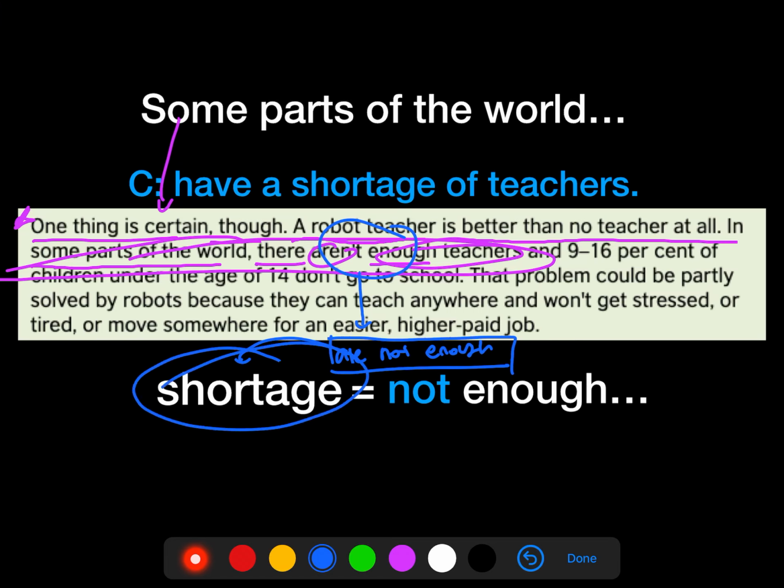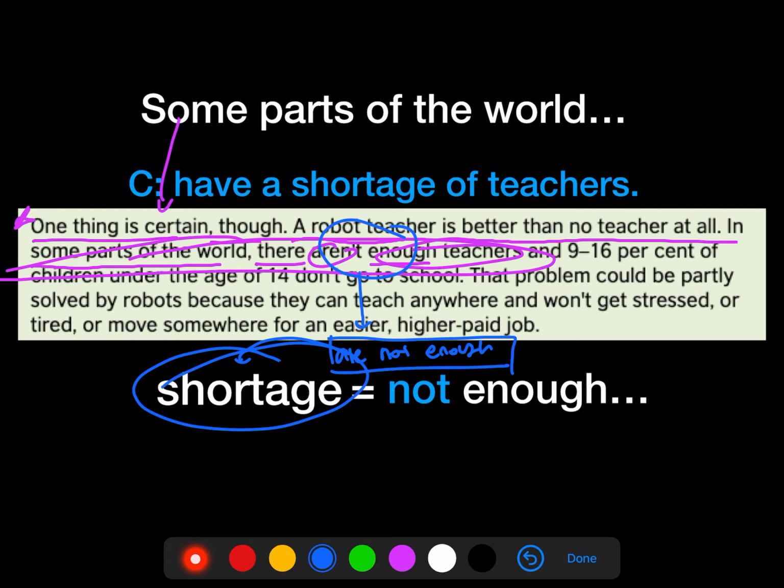Shortage is like a short version of not enough. So C is the answer: have a shortage of teachers. So a robot teacher is quite valuable to the country where children cannot study because of the shortage of teachers.